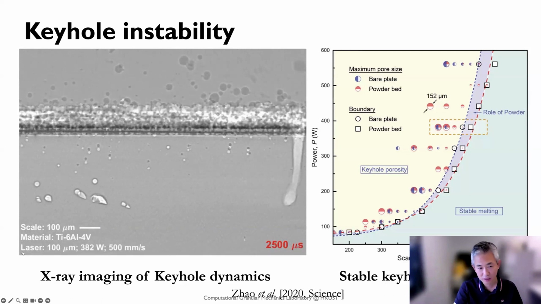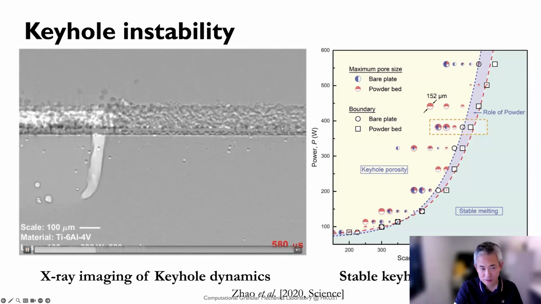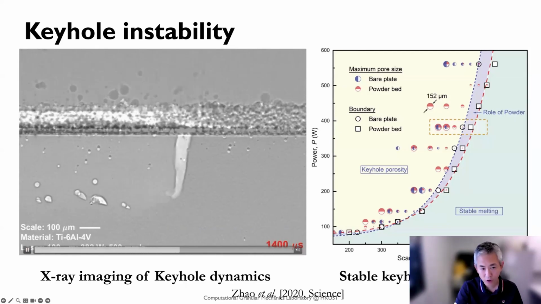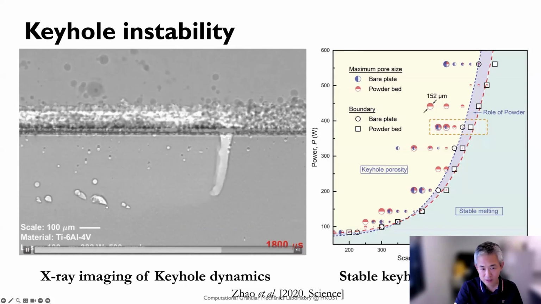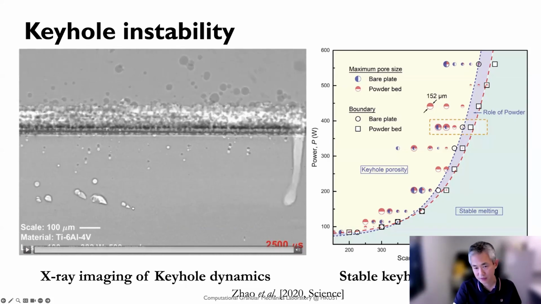I will show it again, how this J-like keyhole forms and then another keyhole pore is left behind. This pore will generate a permanent defect here.